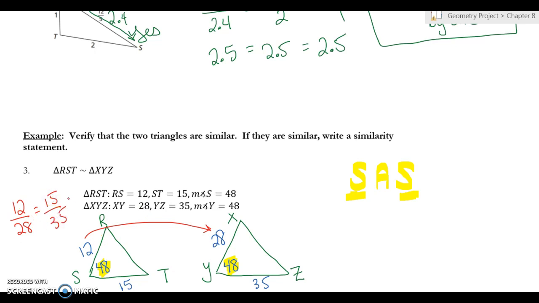So let's divide these out. 12 divided by 28 is 0.429 if I round. And then 15 divided by 35 is also 0.429. So those are a yes. So we can say yes by side, angle, side.